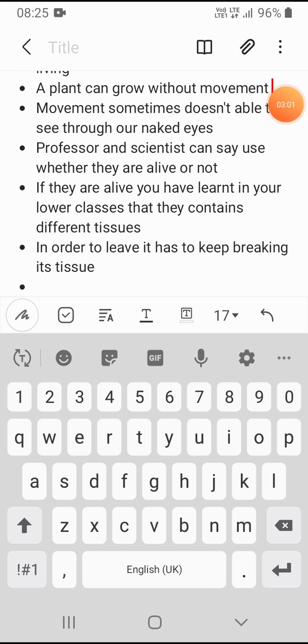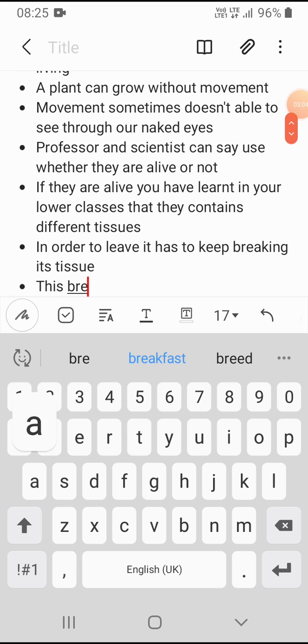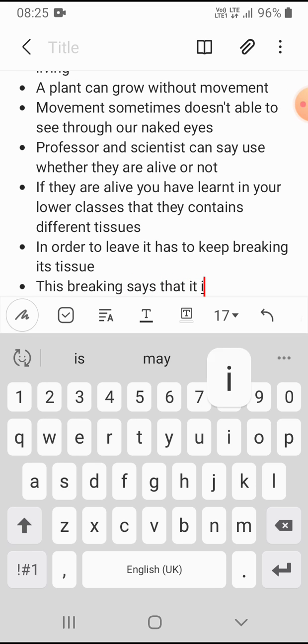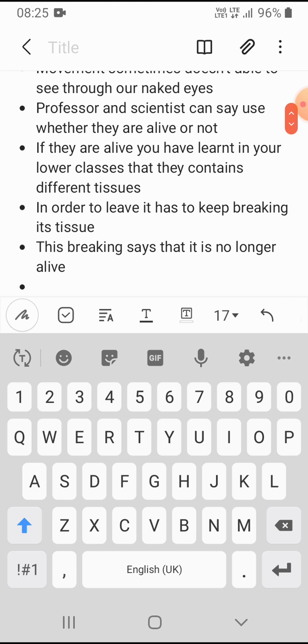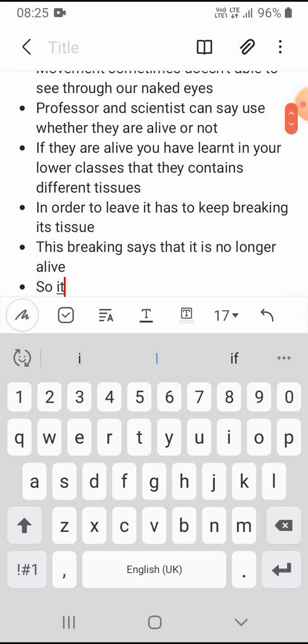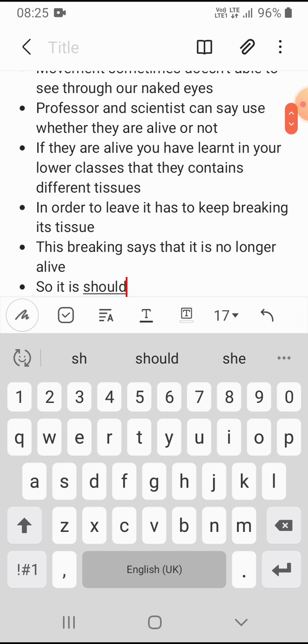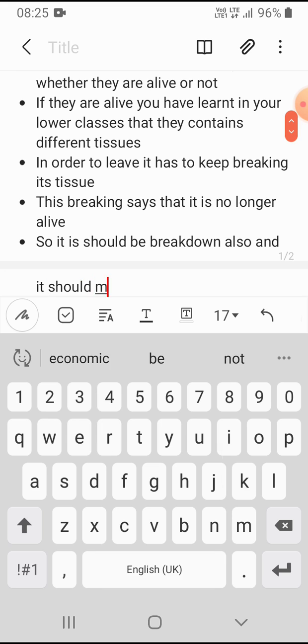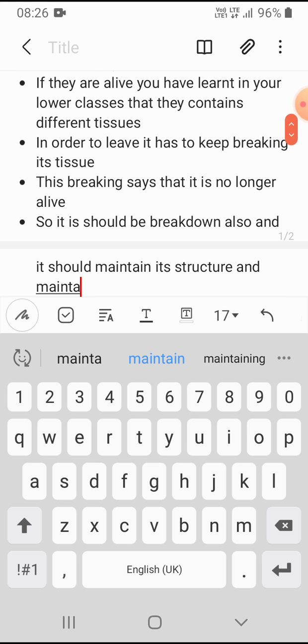But this breaking down also means its structure will vanish, so it should also maintain its structure. Maintenance is important. It should maintain itself.